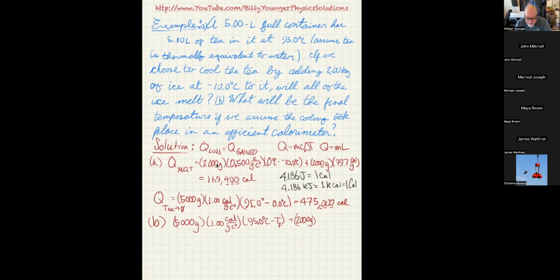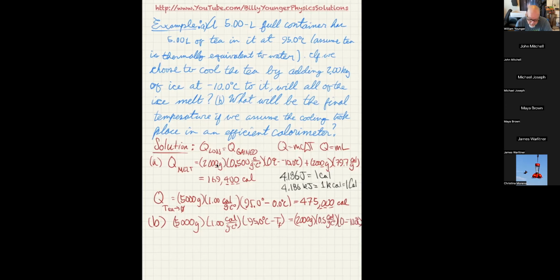So that's going to be 2,000 grams times 0.5 calories per gram Celsius degree. And of course, that's going to go from basically -10 to 0. So that'd be 0 minus -10.0 degrees Celsius.